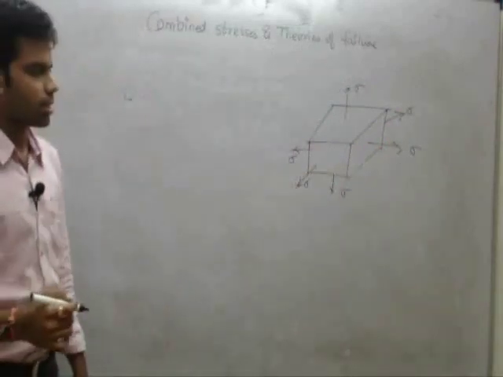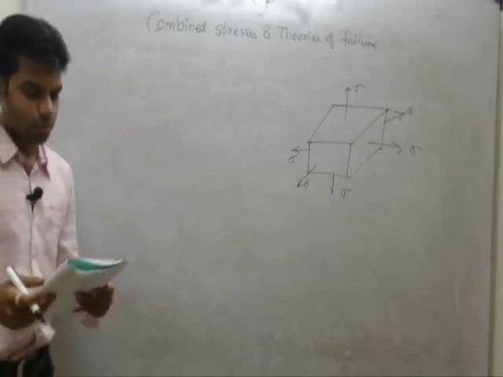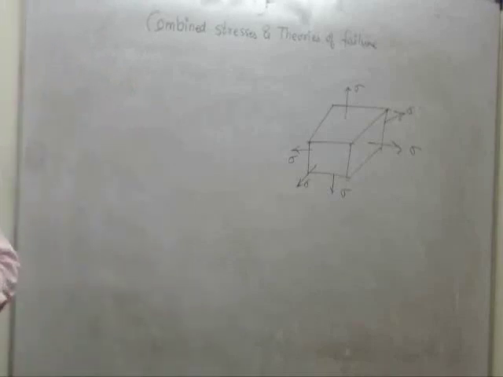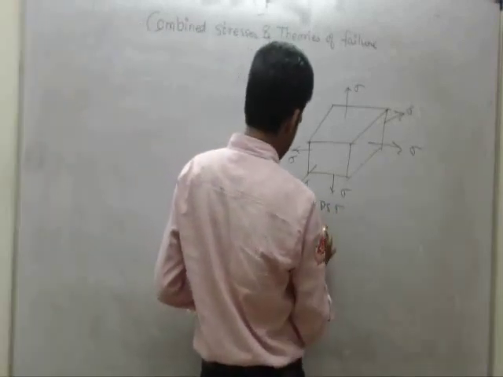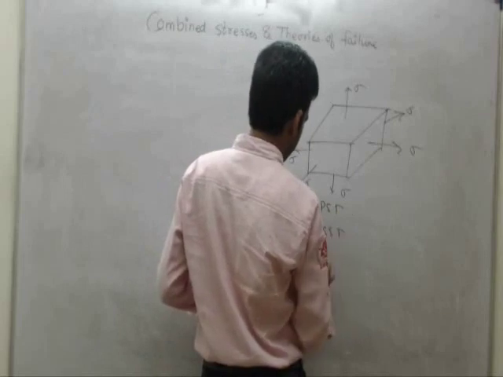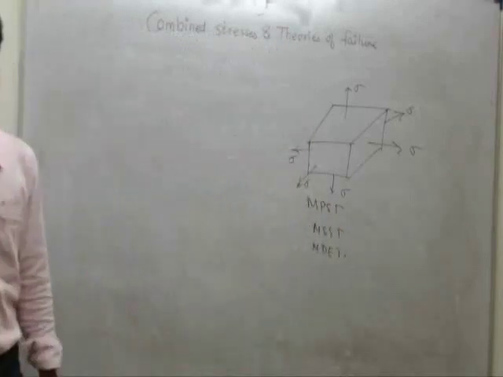Magnitude and directions are same, and that too is tensile. Okay, we have to determine which of the following theories of failure can be used. That means, can we use maximum principal stress theory? Can we use maximum shear stress theory? Can we use maximum distortion energy theory for solving this?